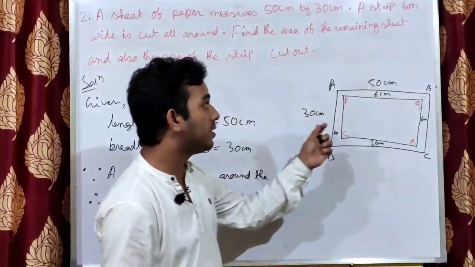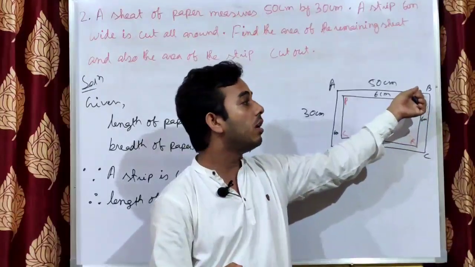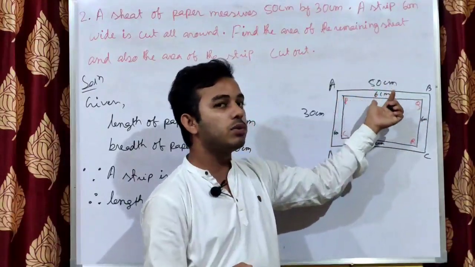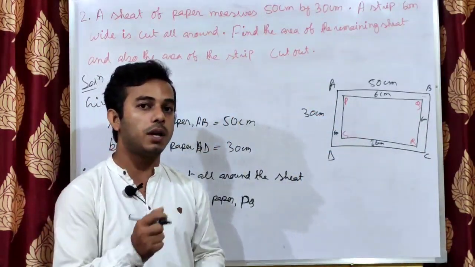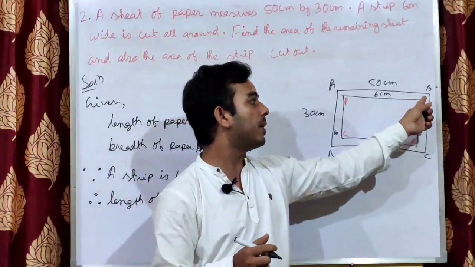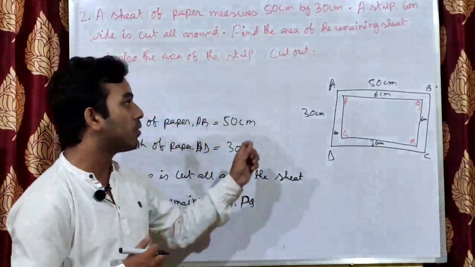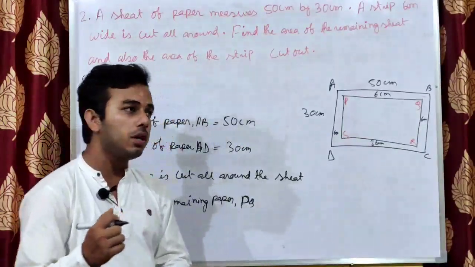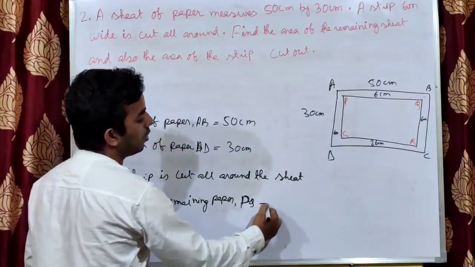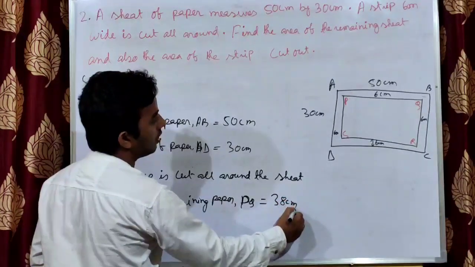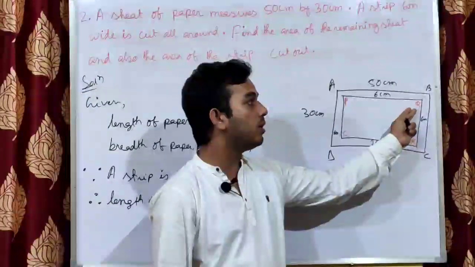Since we have cut 6 centimeter all around, we have to subtract 50 minus 6, it will be 44, then again if we subtract 6 it will be 38. That means in total we have to remove 12. This part is 6 centimeter, this part is also 6 centimeter, so we have to remove 12 centimeter. So from 50, if we subtract 12, it will be 38. Therefore length of remaining paper, that is PQ, equals 38 centimeter. Clear? This length PQ is 38.